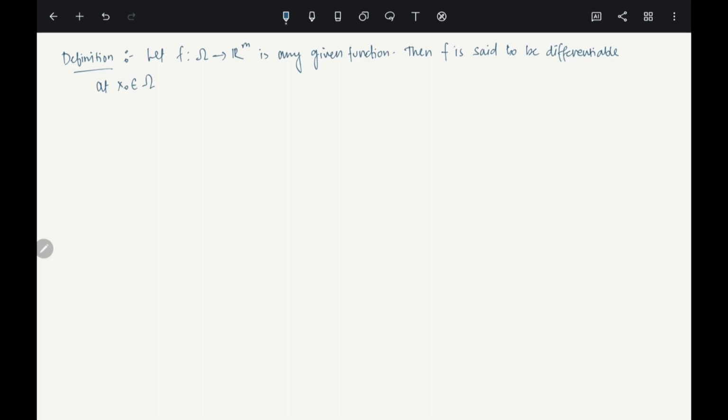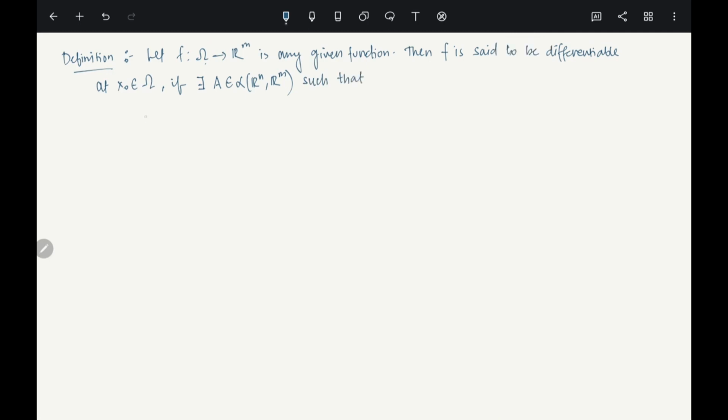So we are assuming x0 in omega, if there exists a linear transformation, as we have talked about in earlier lectures, from Rn to Rm. Omega is a subset of Rn, but the linear transformation will be from Rn to Rm, not necessarily from omega, such that the following holds.